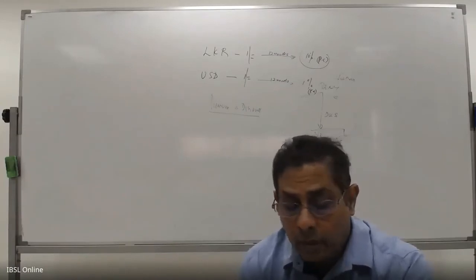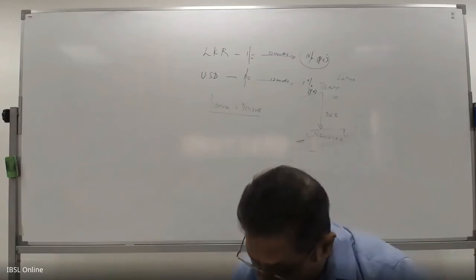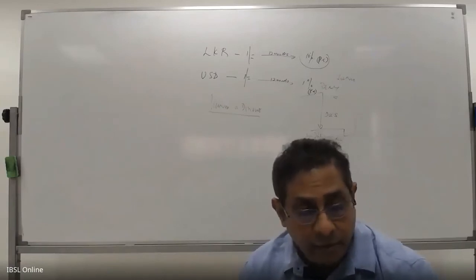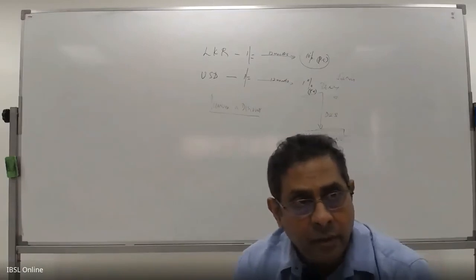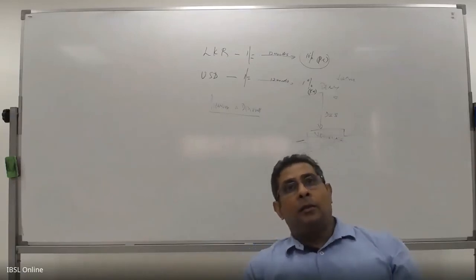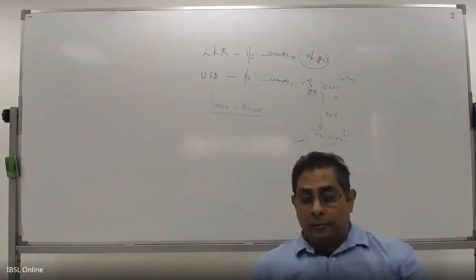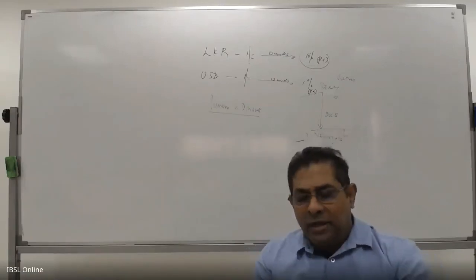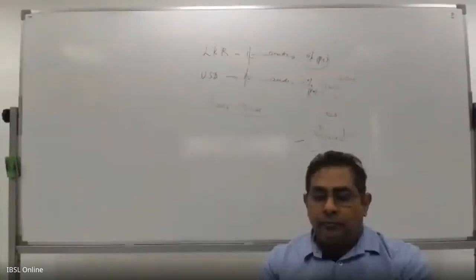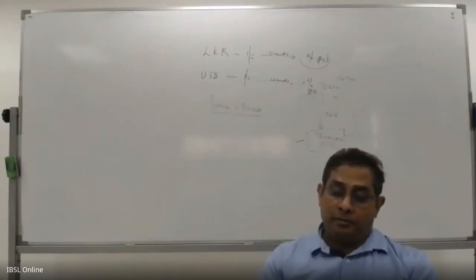Then the fourth one, acceptance with a nominated bank and that nominated bank does not accept a draft drawn on it, or having accepted the draft drawn on it, does not pay at maturity.